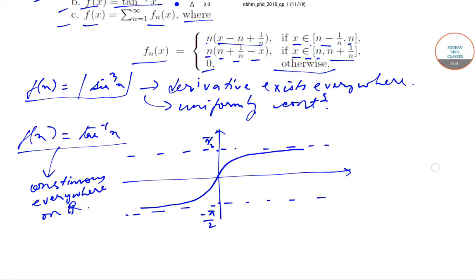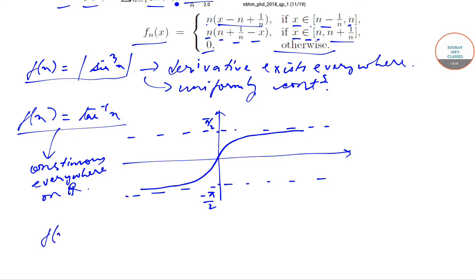Now in the third option, f(x) is equal to the summation of f_n(x), where n goes from 1 to infinity, and f_n(x) has been defined as given in the question.